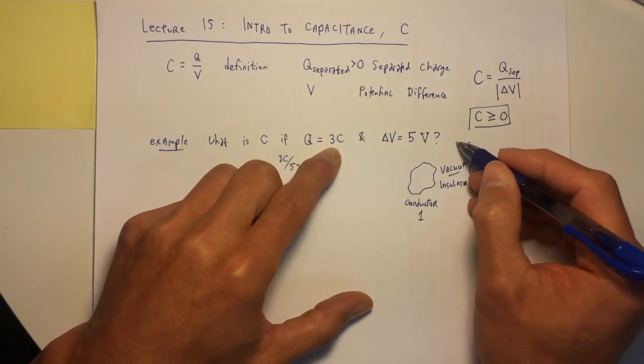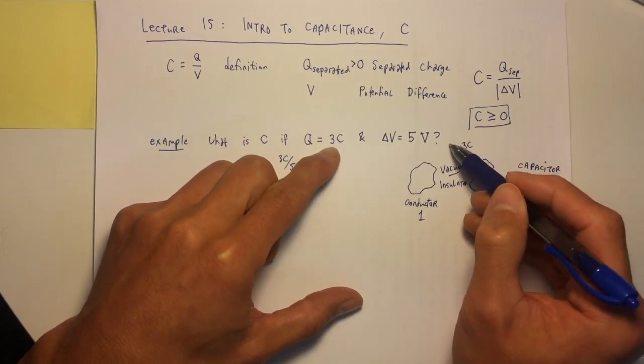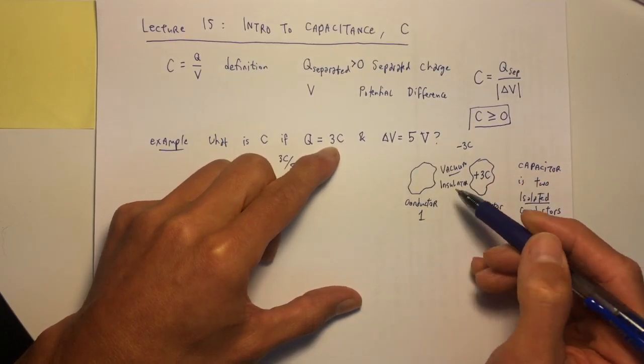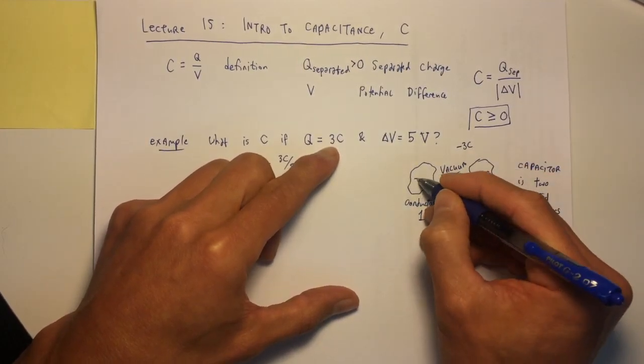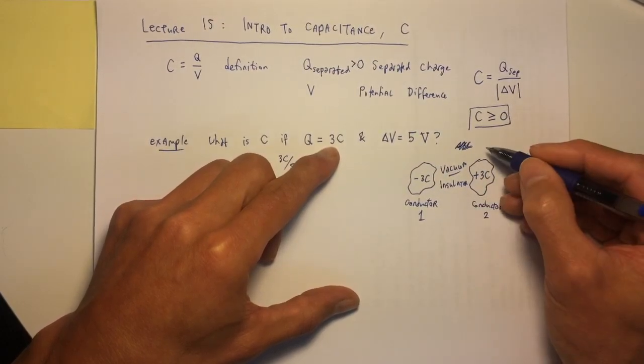And I'm going to take this negative 3 coulombs of electrons and force them to all sit together on conductor number 1. So the charge of conductor number 1 has become negative 3 coulombs.